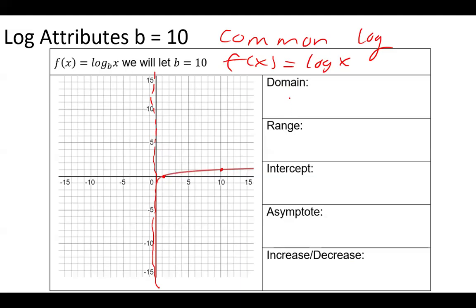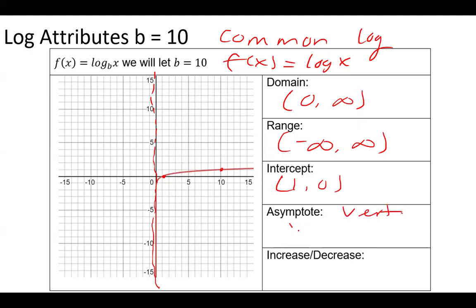Your domain is still going to be from 0 to infinity. Your range is from negative infinity to positive infinity. You only have your x-intercept at (1, 0). You still have a vertical asymptote at x equals 0. And the graph is still doing what?